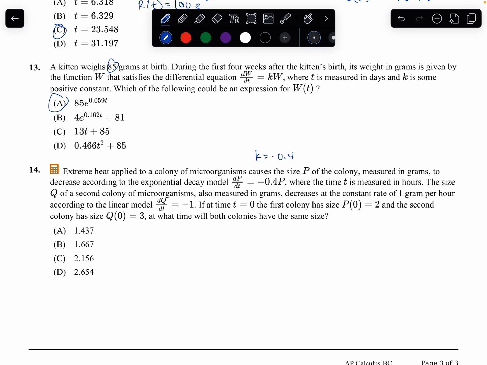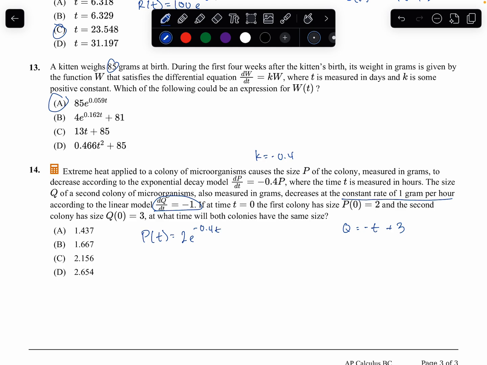Okay, the size of Q decreases at a constant rate of 1 gram per hour according to the linear model. So you know that Q so far is going to be equal to negative t plus 3. And we know that P of t is going to be equal to, is our initial condition? Yeah, it's going to be equal to 2e to the negative 0.4 t.